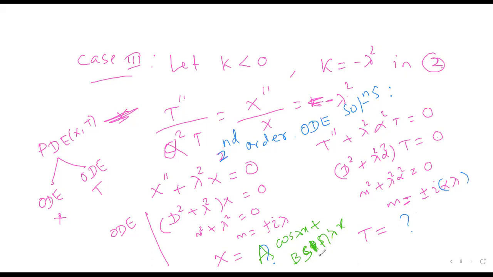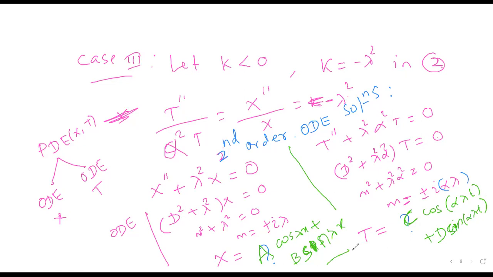Good. So if you take A, B, I can say C. This is also the same, no? So cos alpha lambda t, because this is with respect to t, no? Plus let's say D sine alpha lambda t will be the true answer.